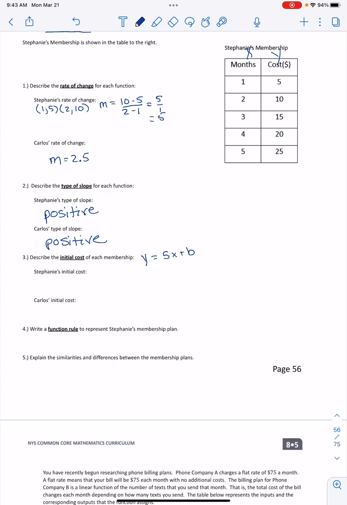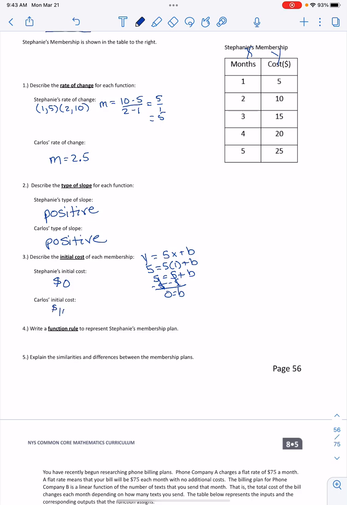So I would use 5 equals 5 times 1 plus b. So 5 equals 5 plus b. So subtracting 5 from both sides, b equals 0. So her initial cost is 0. Carlos's initial cost is $10.